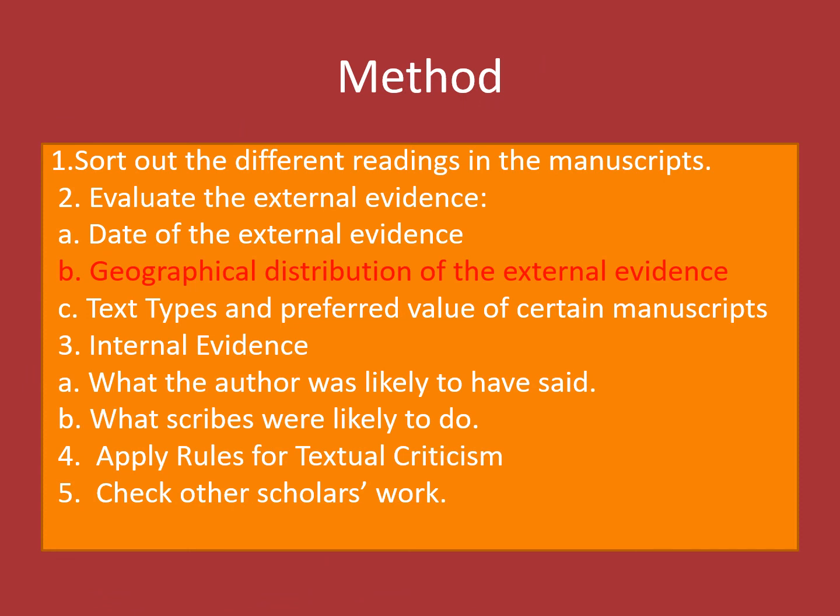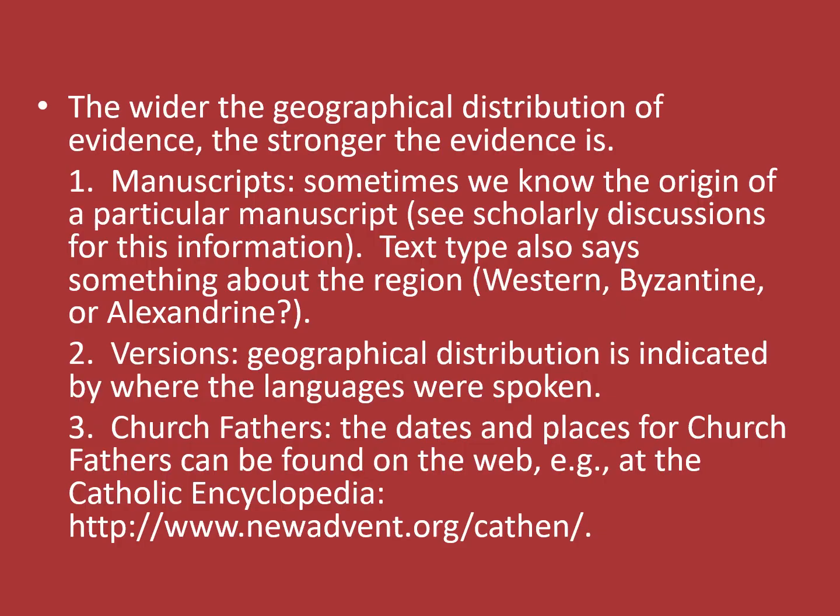Once you've discovered, as best you can, the date of the evidence, of the manuscripts, the versions, the lectionaries, Church Fathers, then you can move on to talking about geographical distribution of the evidence. The wider the geographical distribution of evidence, the stronger the evidence is. With respect to manuscripts, we can say that sometimes we know the origin of a particular manuscript. Again, you have to check for that information in the text of the New Testament by Metzger and Ehrman. Text types can also tell you something about the region. If we're talking about a Western text type, then we're saying it's in the western part of the empire.